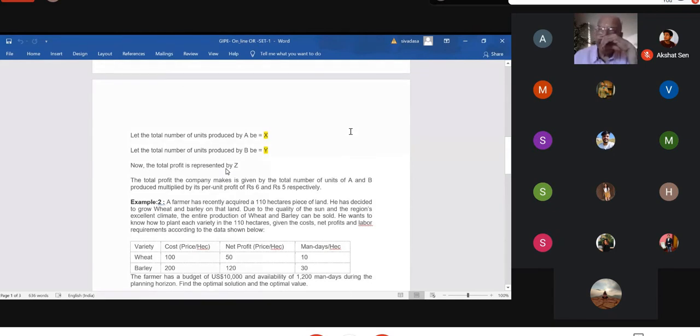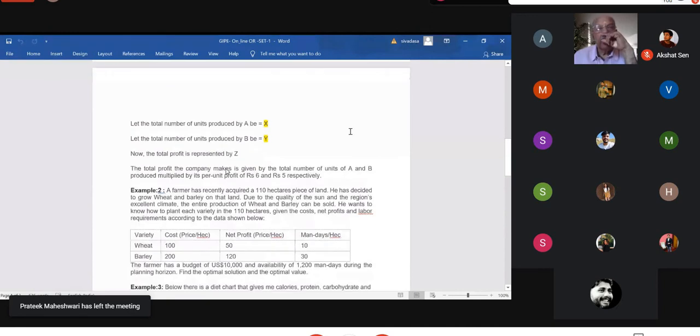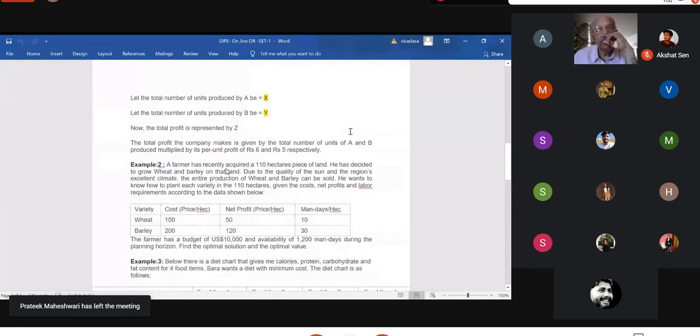And Z represent total profit for X plus Y. So this problem, I have to convert it into a mathematical problem. That is what the step number 1.